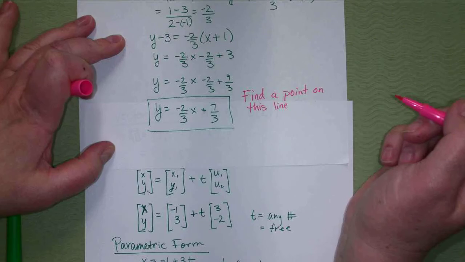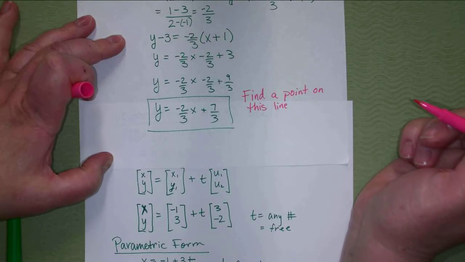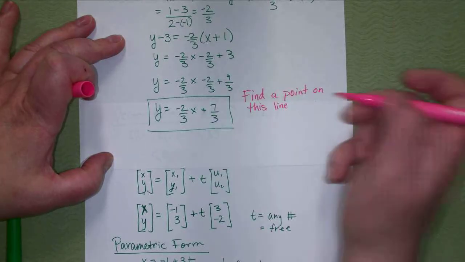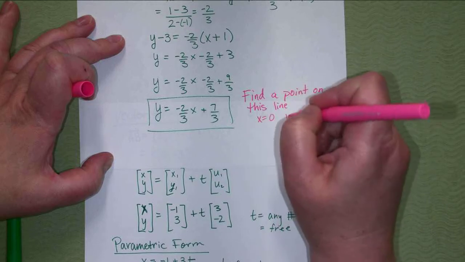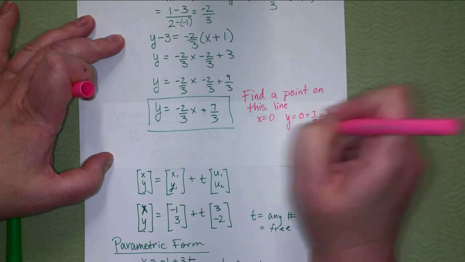What would you do to find a point? Plug in a value for x and find y. Right. Plug in a value for x and find y. What would be a good value for x here? 0. Sure, that would be easy. So if we plug in x is 0, we would get y is 0 plus 7 over 3, just 7 over 3, so we get another point.